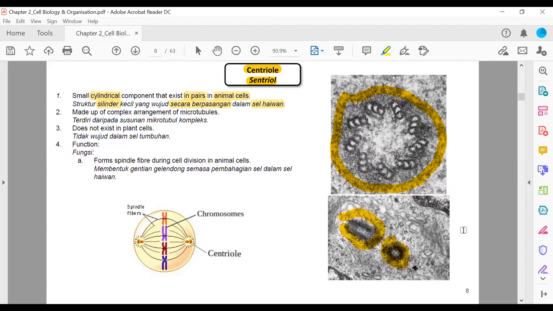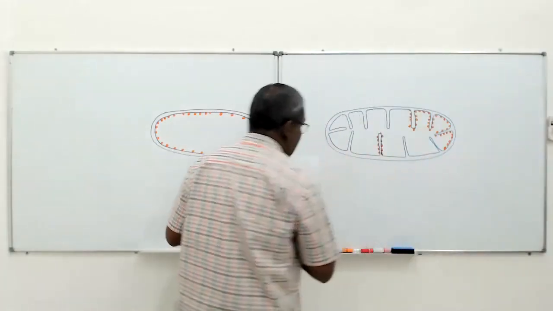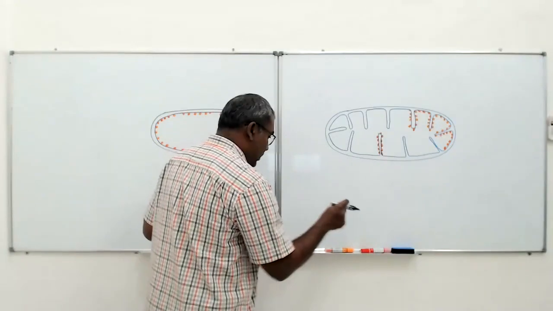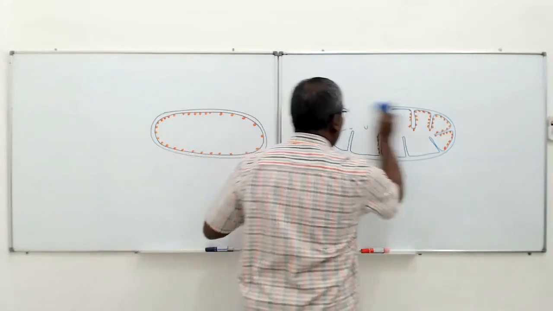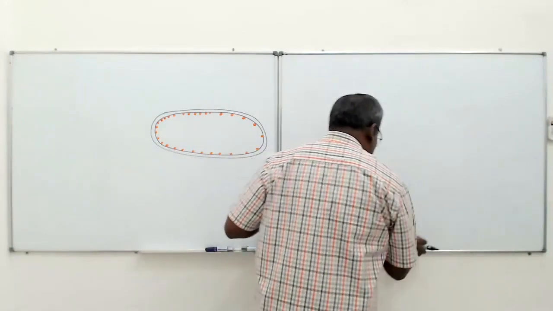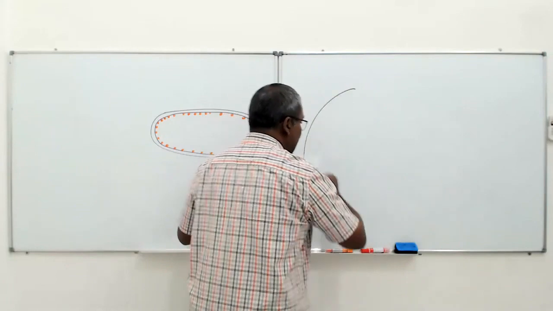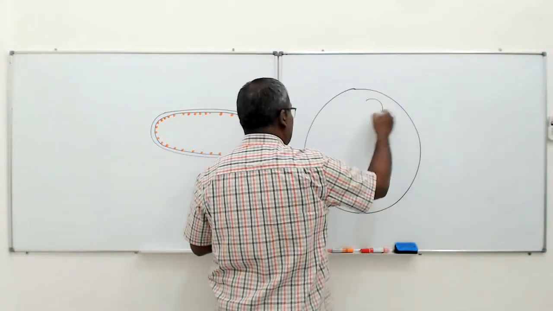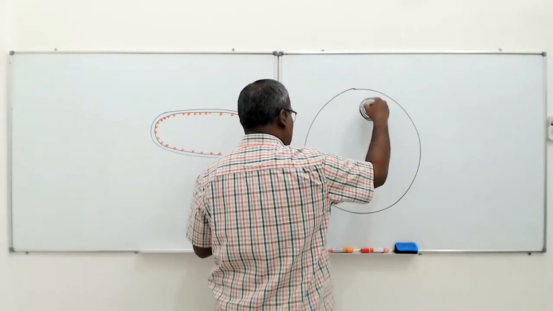So a pair of centriole. Kalau nak lukis, kita lukis begini. This is how we draw centriole. Only animal cells have this. Other cells don't have.